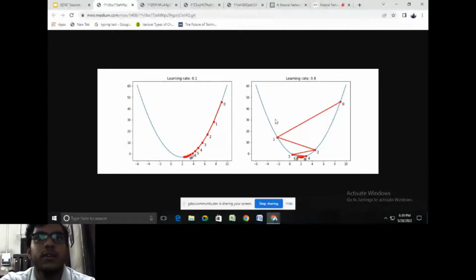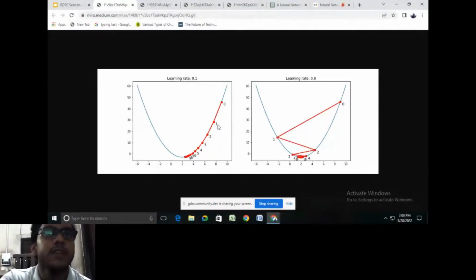In the graph towards the right, the learning rate is 8 times that of the graph towards the left. So we start off at 0, and you see the length of the stride from point 0 to 1 is not the same in the two graphs. Similarly, from 1 to 2, it is not the same in the two graphs.